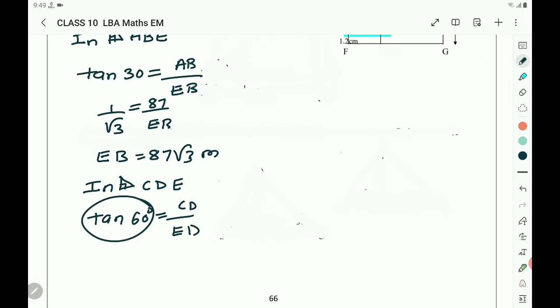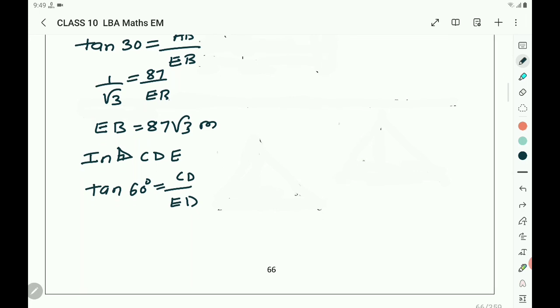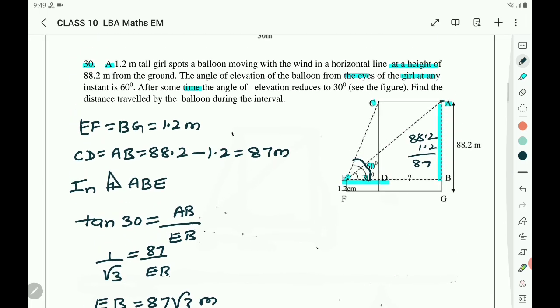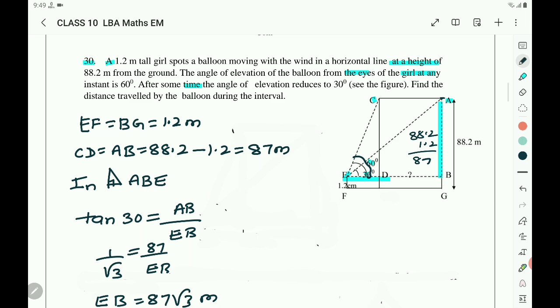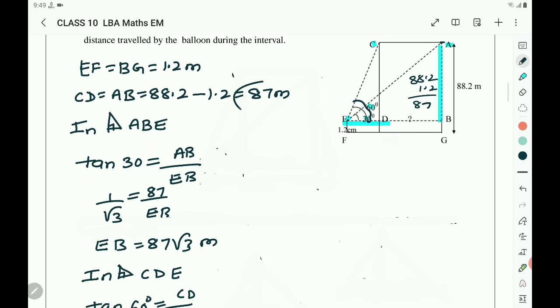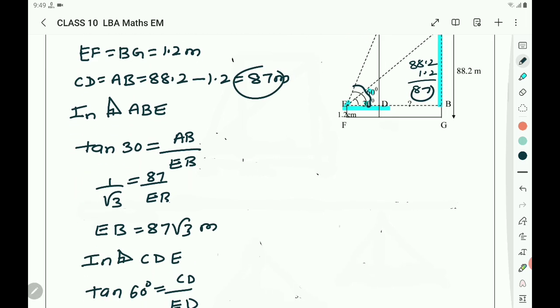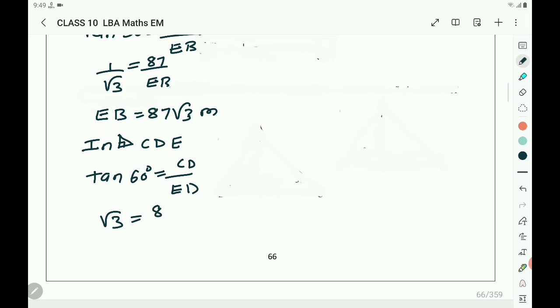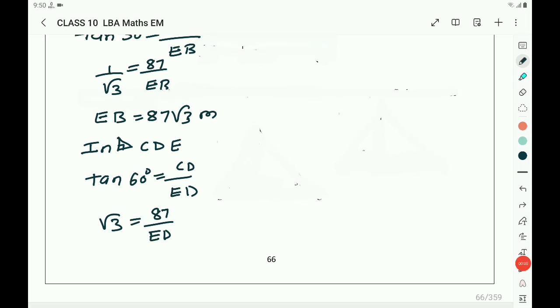Tan 60 is root 3. CD is same as AB, which is equal to 87 meter. So root 3 equals 87 by ED. As we have to find out ED, exchange ED and root 3.